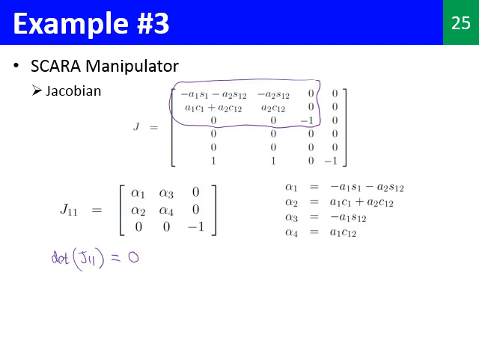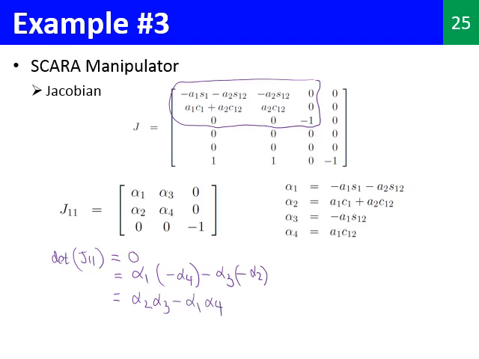So we can write that as alpha 1 times minus alpha 4, and minus alpha 3 times minus alpha 2, and the remaining part is 0. This would give us alpha 2 alpha 3 minus alpha 1 alpha 4.